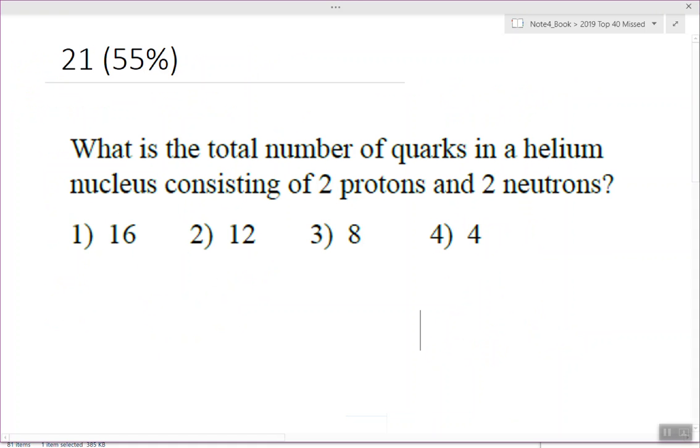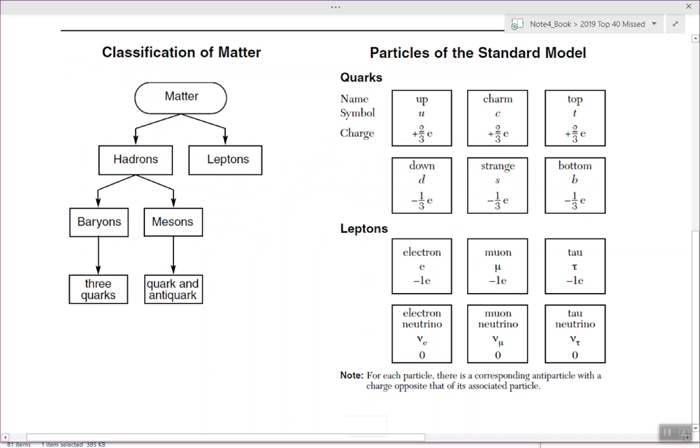Question 21. The answer is 12. Let's talk about why. So modern physics, particle physics, for the purposes of the Regents, is basically a game. Everything that the universe is made of is either made of leptons, which is one of these 6 particles or their 6 antiparticles, or you're made of quarks.